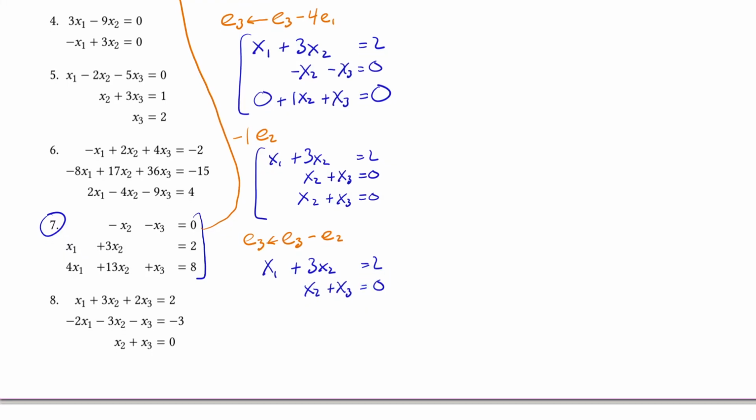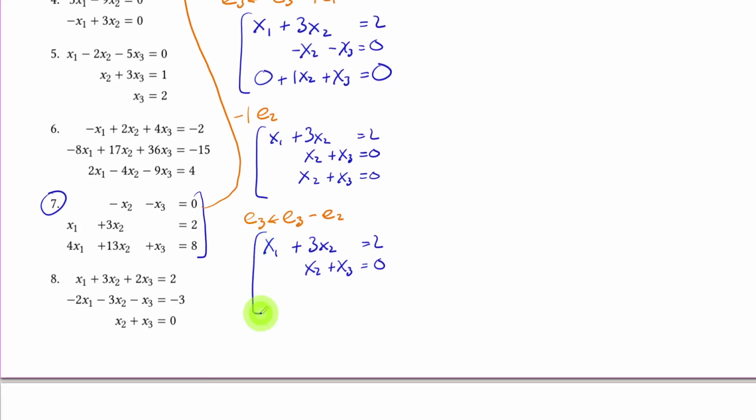Equation 2 is still the same. The third equation is now x2 plus x3 minus the quantity x2 plus x3. So you know that's going to be 0. We're doing x2 minus x2, x3 minus x3. So we get 0 plus 0 equals 0 minus 0 on the other side, which is also 0.